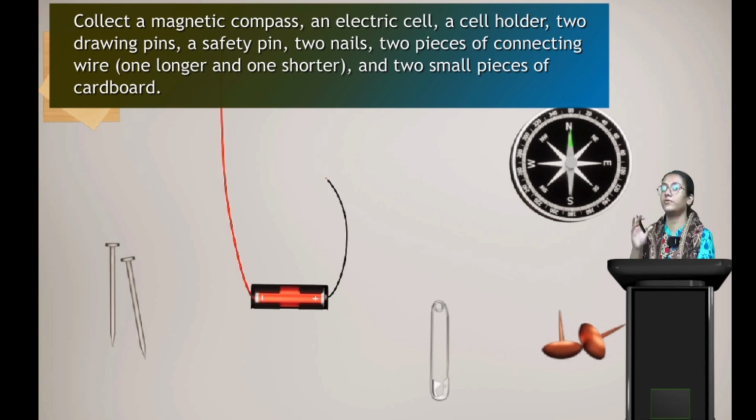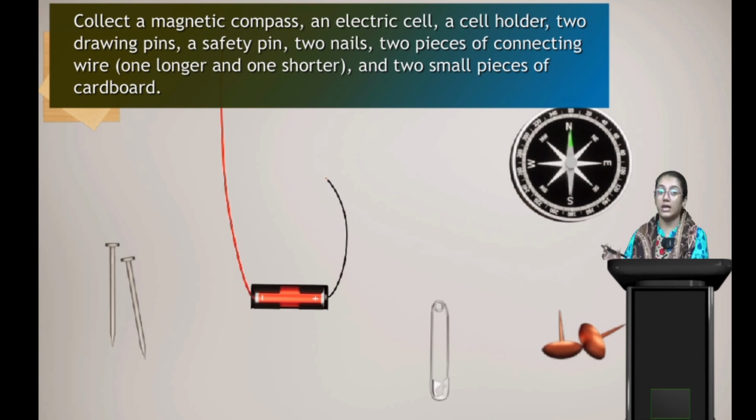To know that, we have to do one activity, and for that activity we have to collect certain objects. So let's see what those objects are. Collect a magnetic compass, an electric cell, a cell holder, two drawing pins, a safety pin, two nails, two pieces of connecting wire, one longer and one shorter, and two small pieces of cardboard.